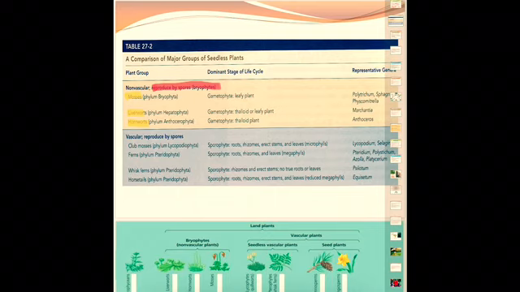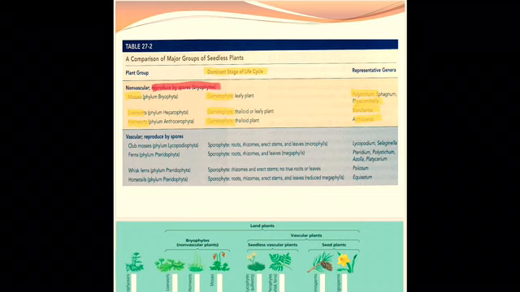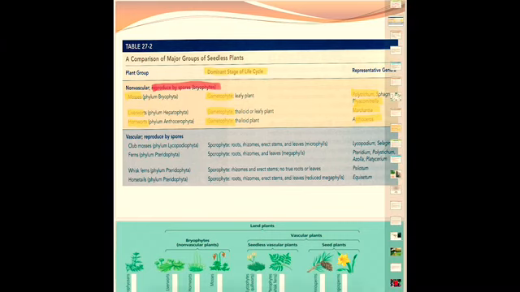And the dominant stage, this one we have to highlight: the dominant stage of the life cycle for non-vascular plants is the gametophyte. That is the dominant stage, meaning they prefer to be in the gametophyte stage. The representative genera are Polytrichum, Physcomitrella, Marchantia, Anthoceros, and Sphagnum.